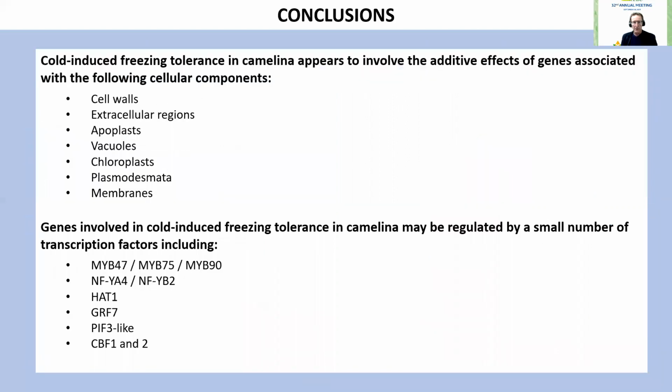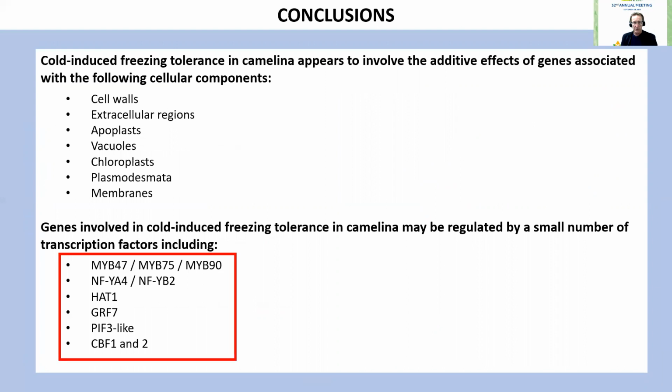In conclusion, freezing tolerance in Camelina appears to involve additive effects of genes associated with cellular components, including cell walls, extracellular regions and apoplasts, vacuoles, chloroplasts, plasmodesmata, and membranes.